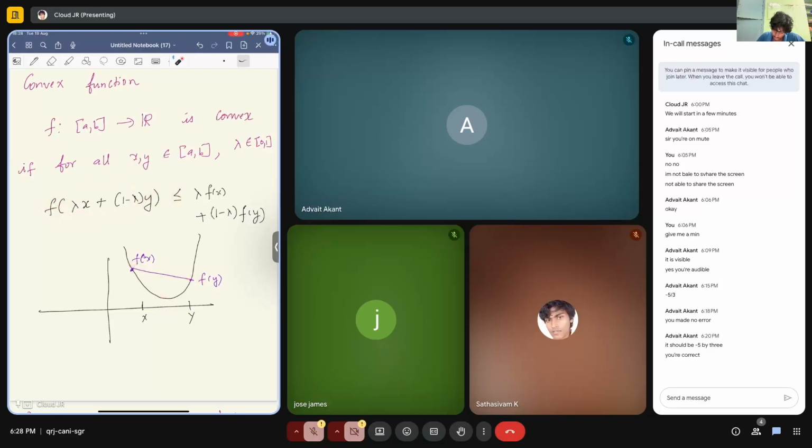So basically, if you draw the line which connects these two points, then the line should lie above the curve.